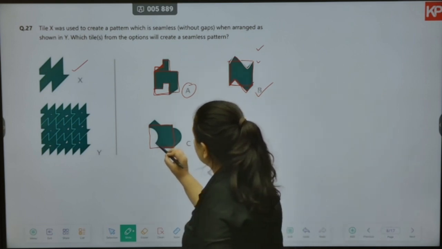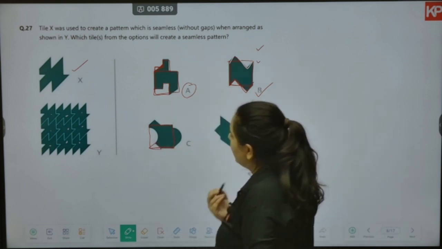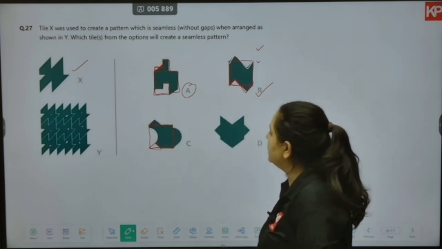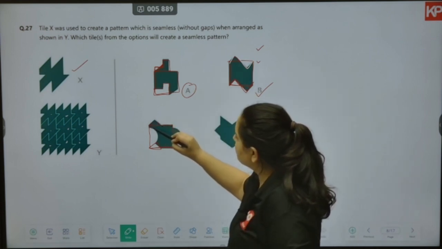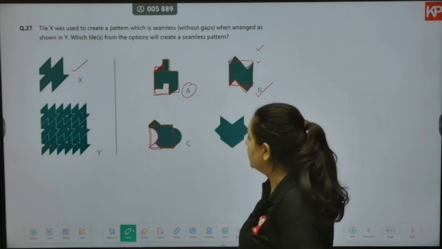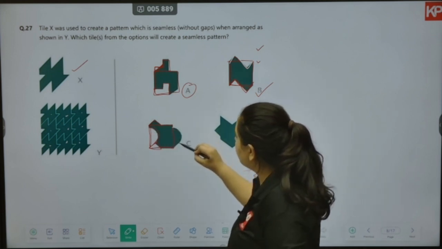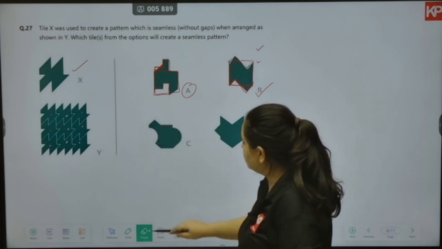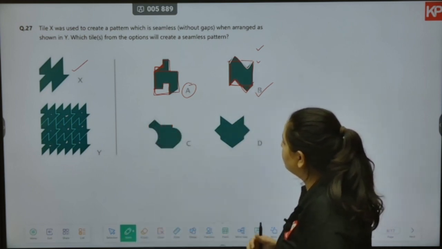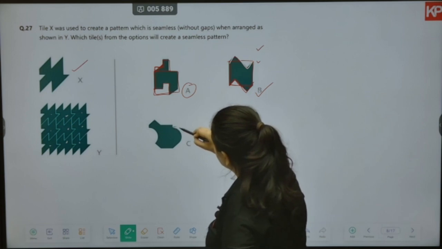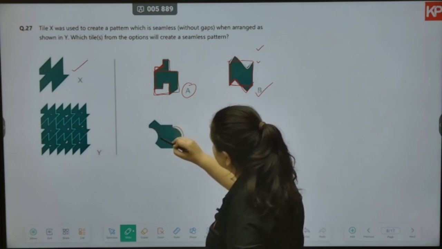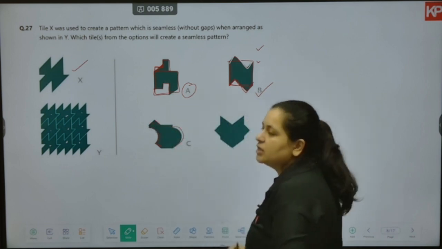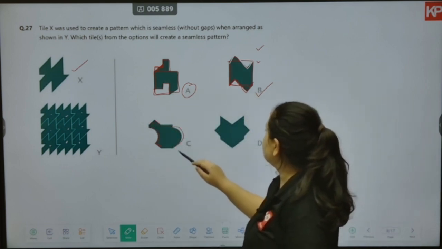First of all, we are deducting a triangle from here. Are we adding it anywhere? Yes, we are adding it over here. Now let's check for the other shape. We are deducting a semicircular type of shape from here. Are we adding it to the right side? Yes, we are. So this is giving us a pattern which is going to fix exactly with each other. Meaning this circle is going to fix into this circle and this triangle is going to fix in this shape. So this is also going to tessellate.